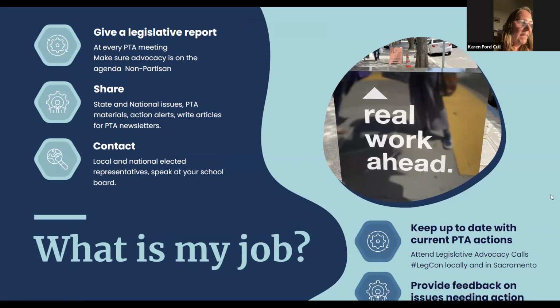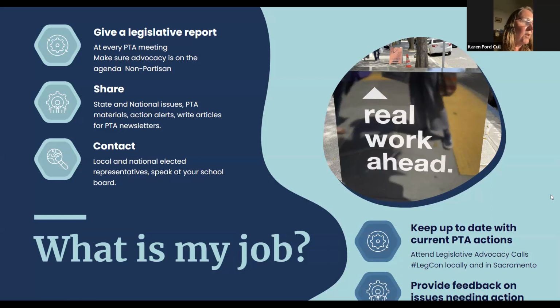If you can give a legislative report, I know it's difficult right now, but you should get information from me, and from your council chair, and you should be able to give that information to your association. I don't have any information right now, but as soon as I do, it'll come in large chunks.